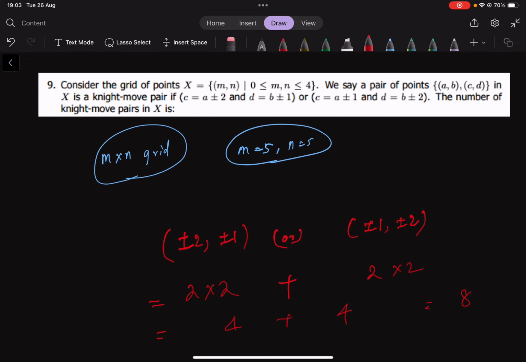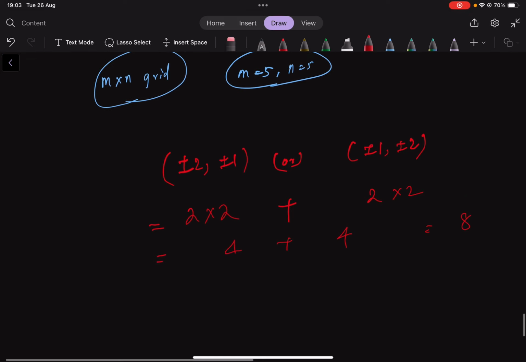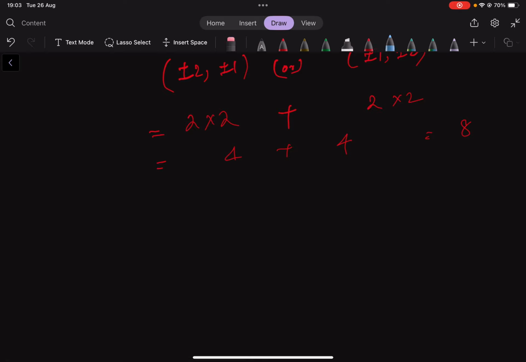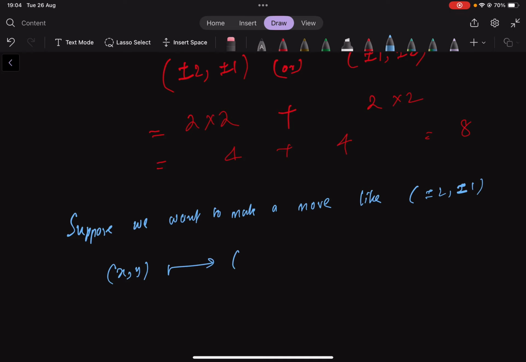Now suppose we want to make a move of the first case, that is plus or minus 2 comma plus or minus 1. From x comma y, we'll be going to x plus 2 comma y plus 1. We also have to stay in the grid, right? Our knight should stay in the grid.